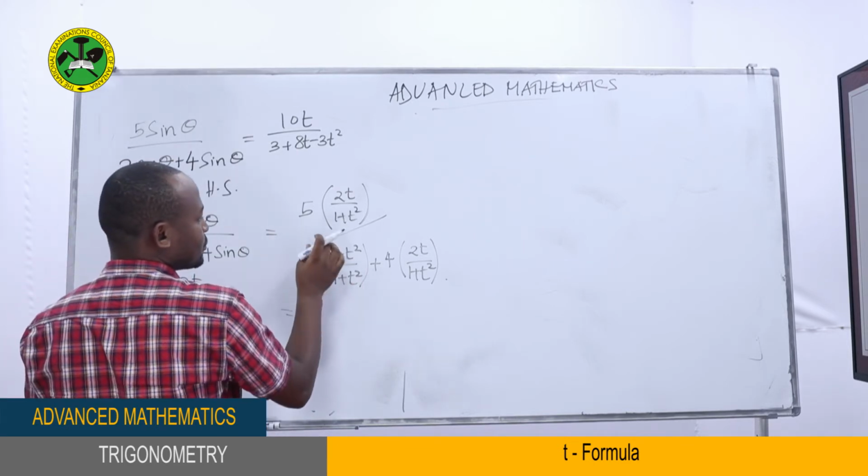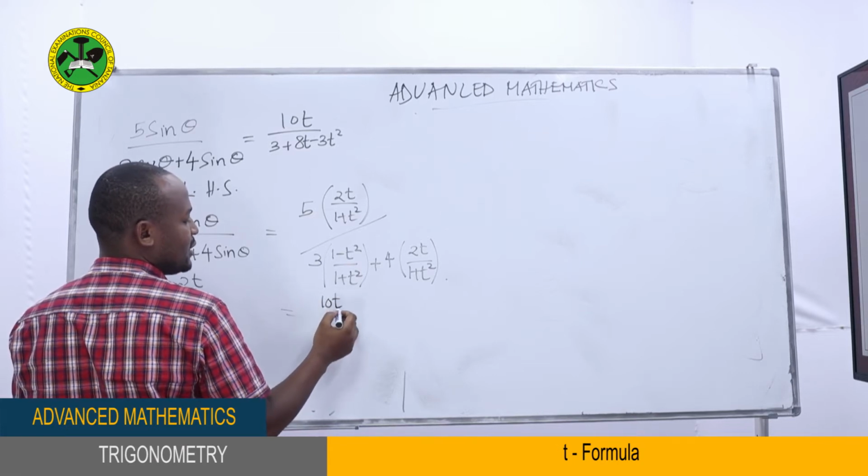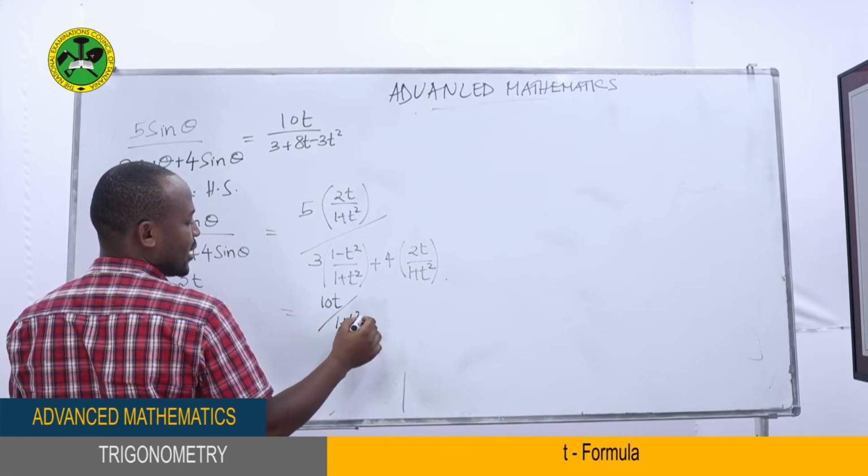Now let's see. On top there, we are left with 10t, all of that over 1 plus t square.